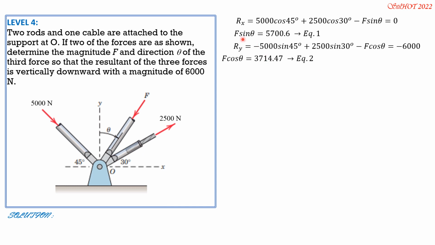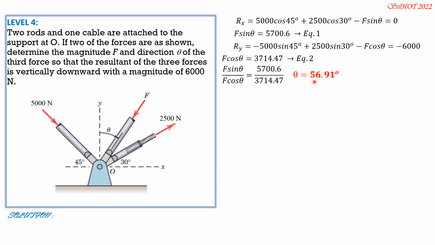Then divide equation 1 by equation 2 so that you can cancel F and we can compute theta. So F sine theta over F cosine theta equals 5,700.6 over 3714.47. So cancel F. This is tangent theta equals the right side. So we can now compute theta, inverse tangent of the ratio on the right side. 56.91 degrees.